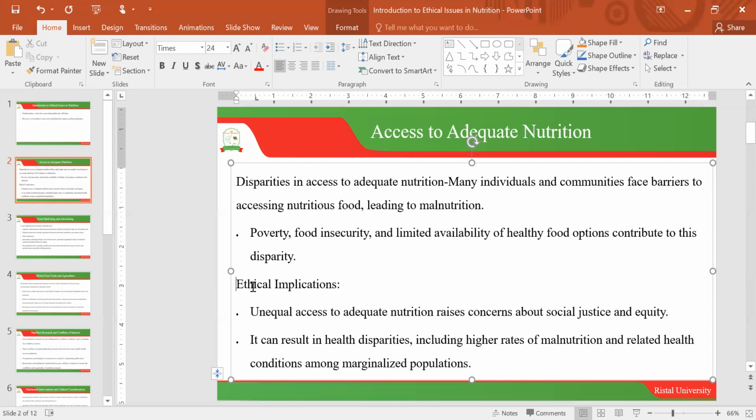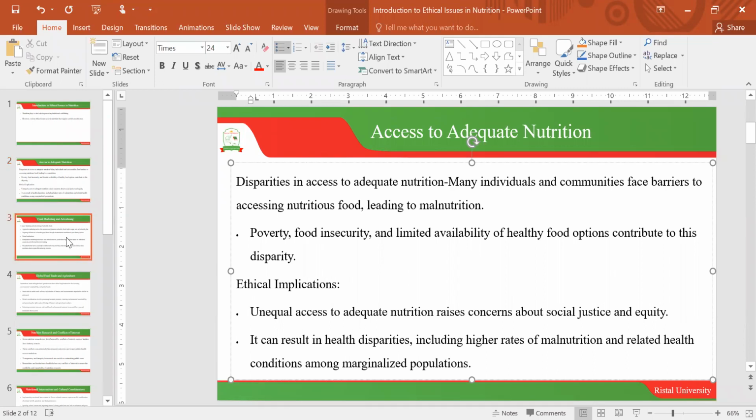Social justice is a concept that relates to the fact that nutritional outcomes are usually influenced by social, economic, and political factors that may keep certain populations in situations of food insecurity. And if you address them, then you're going to improve the nutrition outcomes of the marginalized populations.